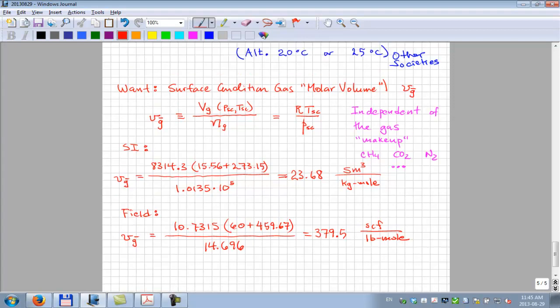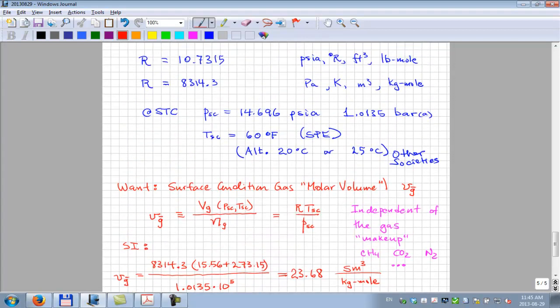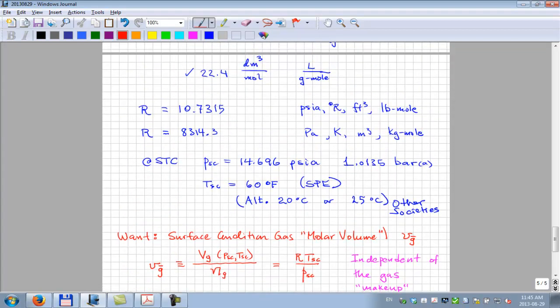What about this 22.4? Did anybody figure that out? Do you remember what your book, the book that you had in high school, either used 20C or 25C probably. And if you use one of those two numbers, you should get the 22.4 number. It's 0 degrees C. Did you check that now?